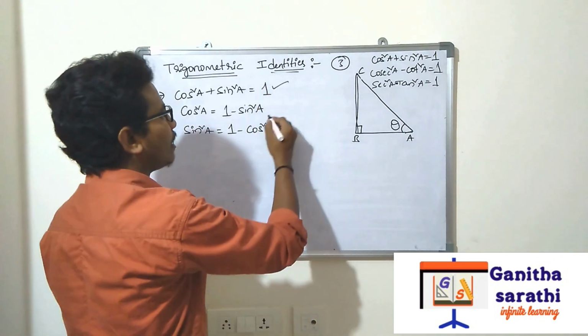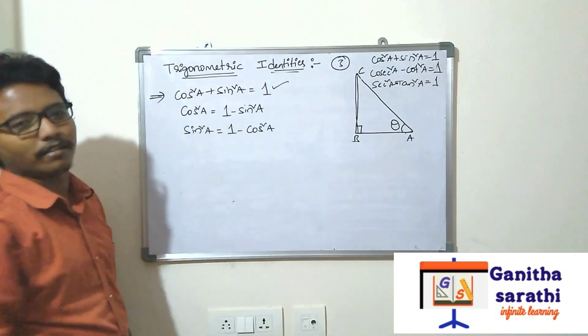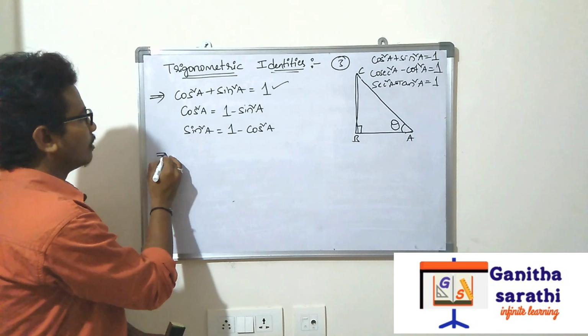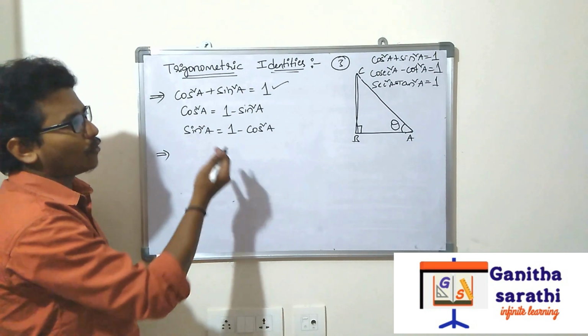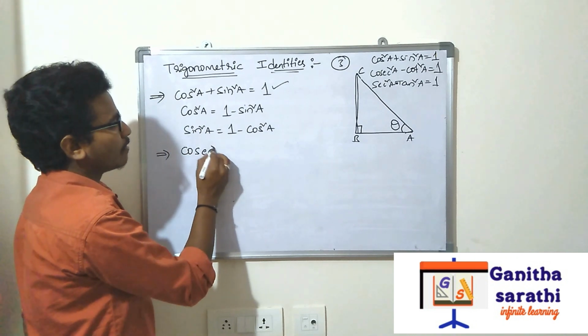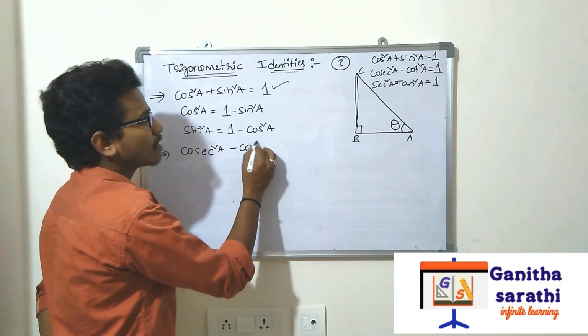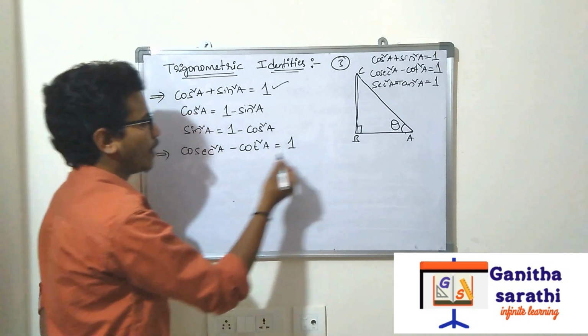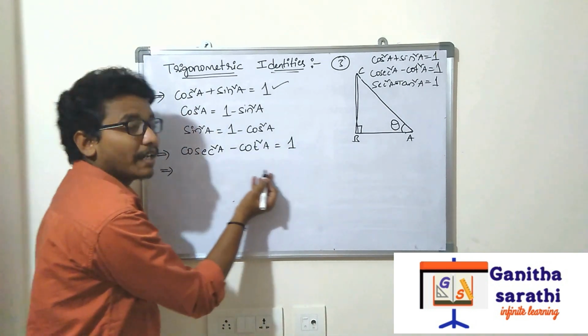From this identity, we are taking another two identities, means alternatives of that. Next, cosecant square A minus cot square A is equal to what? 1. So make this minus cot square A go to this side.